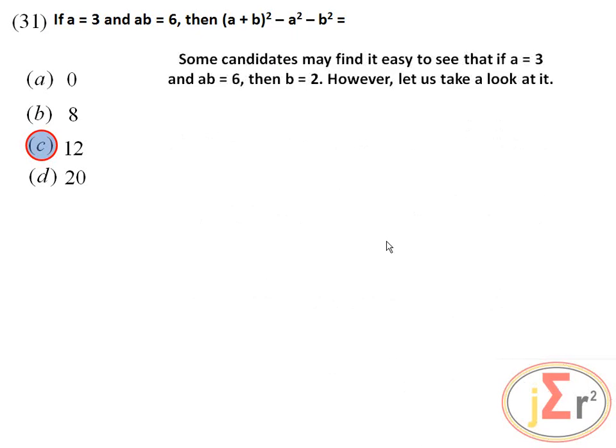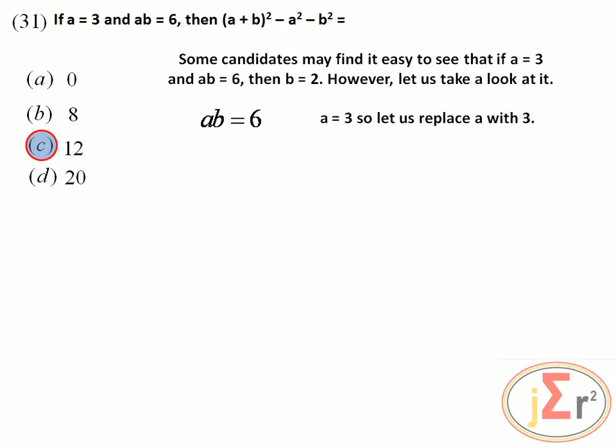Some candidates may find it easy to see that if a is equal to 3 and ab is equal to 6, then b is equal to 2. However, let us take a look at it. We have ab is equal to 6.